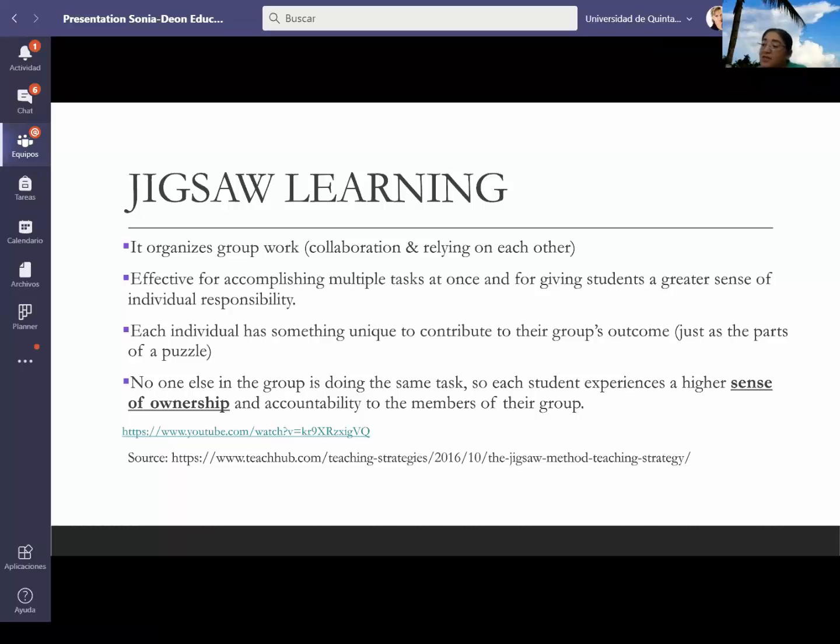What it helps the student do is to critically analyze, evaluate, and apply ideas from a large amount of information. And it allows students to participate and to cooperate in small groups, and also to accept responsibility for their own learning, okay? So in order to understand it a little bit better, can we see the video, Deon, please?